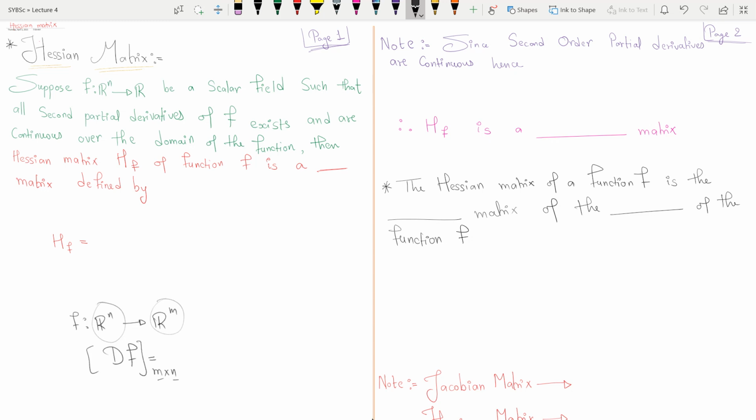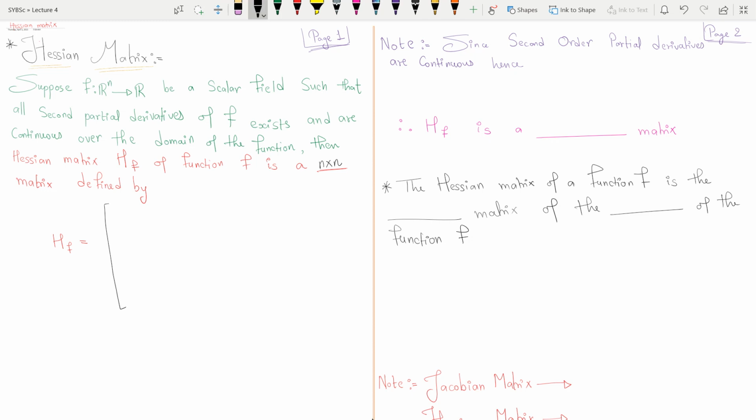But when we talk about the Hessian matrix, my function is a scalar field from Rn to R, then the Hessian matrix is an n cross n matrix. Okay, just note it down. So my Hessian matrix will be an n cross n matrix if it is for a scalar field from Rn to R.